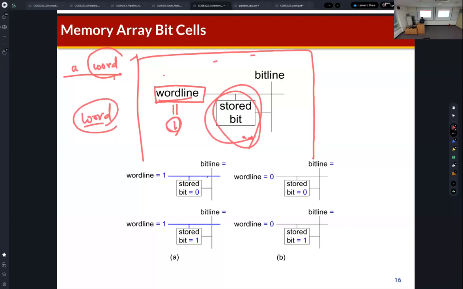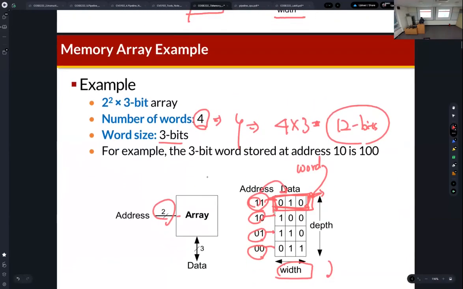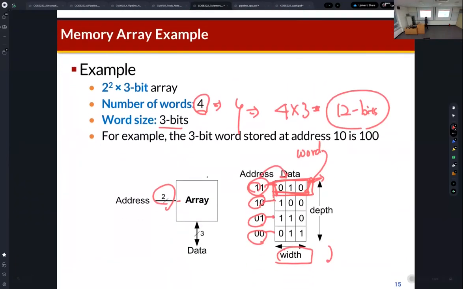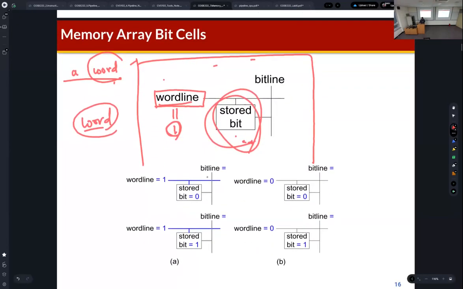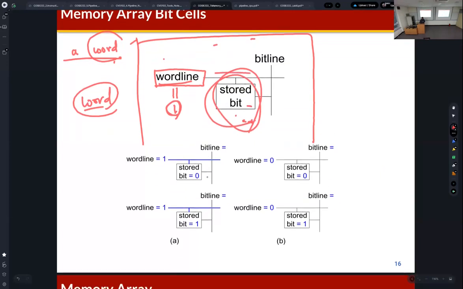The data is stored in a two-dimensional memory structure, and each bit is stored in a cell, right? Then we can activate the target word using the word line, and we can read and write data through the bit line connected to the memory bit cell. This is the same for most memory devices.